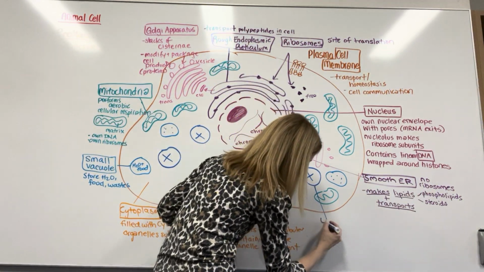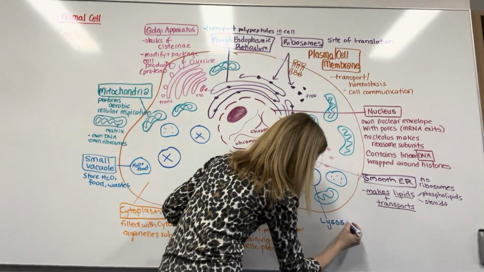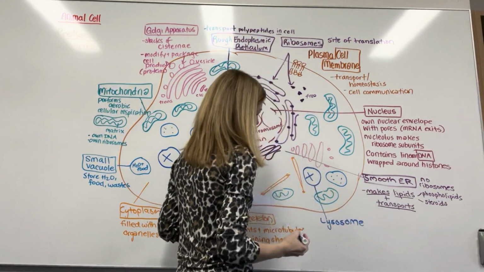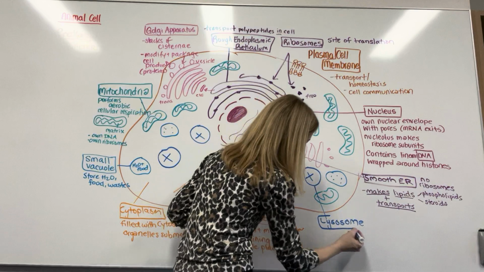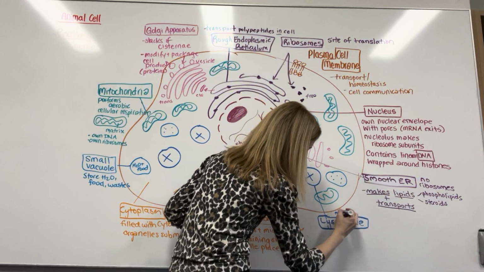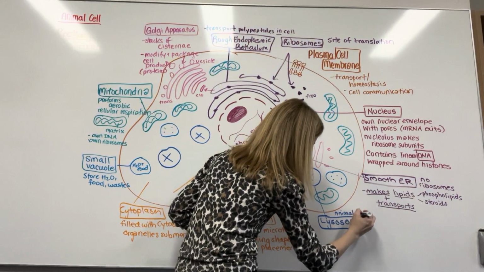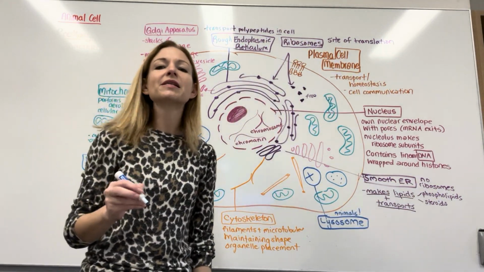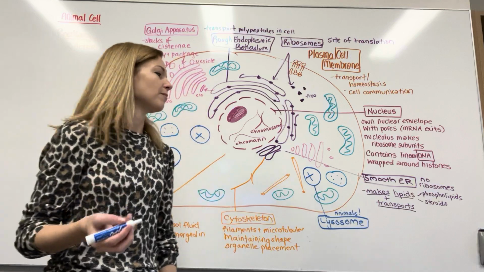So that's going to be my lysosome. And this is actually the first thing that I've drawn that is really only in animals. So we can put animals only. So plants generally do not have lysosomes. There are some examples where they do, but not most of the time.